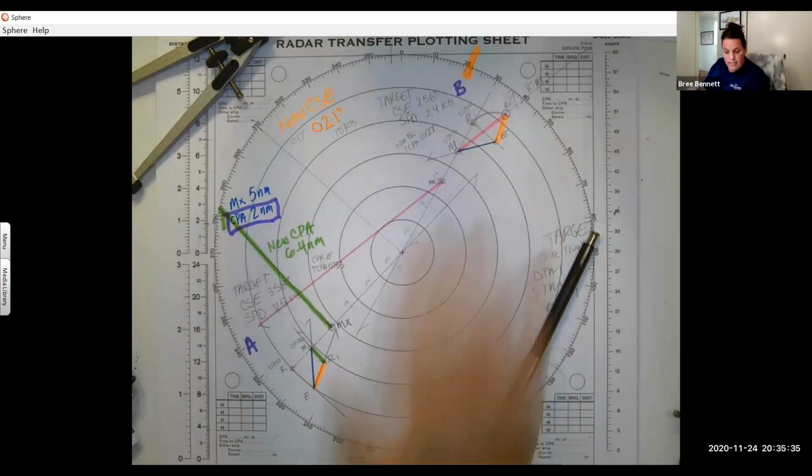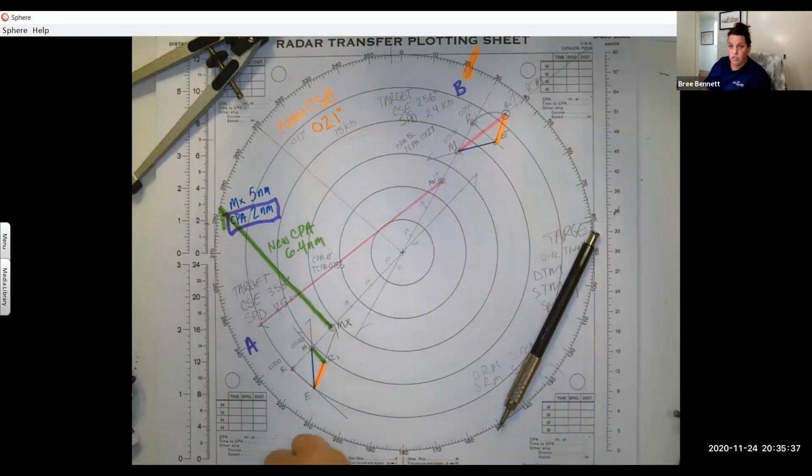Or which contact is the most dangerous? So on our notes, I don't think I have it printed out. But if one vessel doesn't have a close CPA, then they're not dangerous. If both vessels have a close CPA, which one is going to get to that CPA quickest? So then you decide which one's most dangerous.